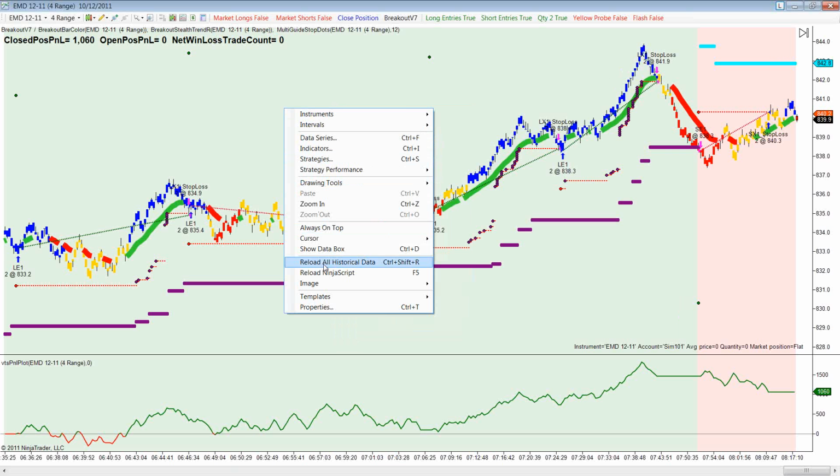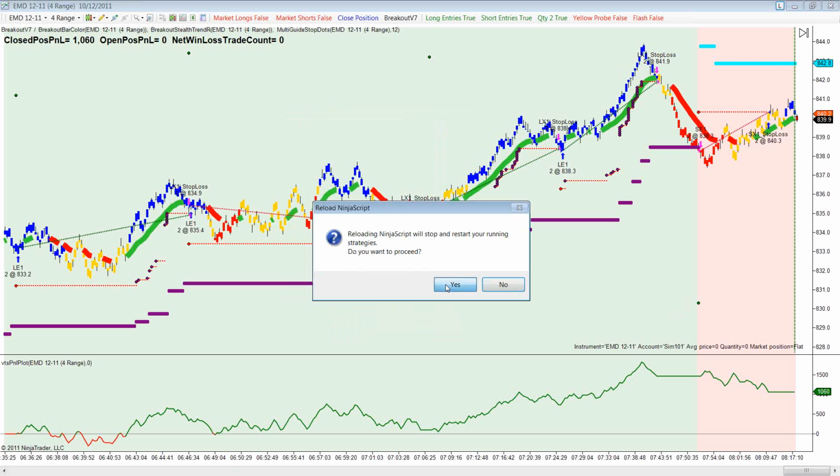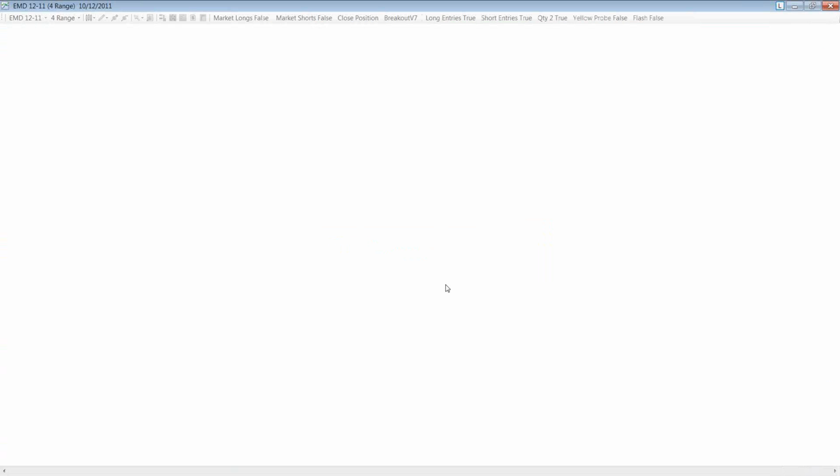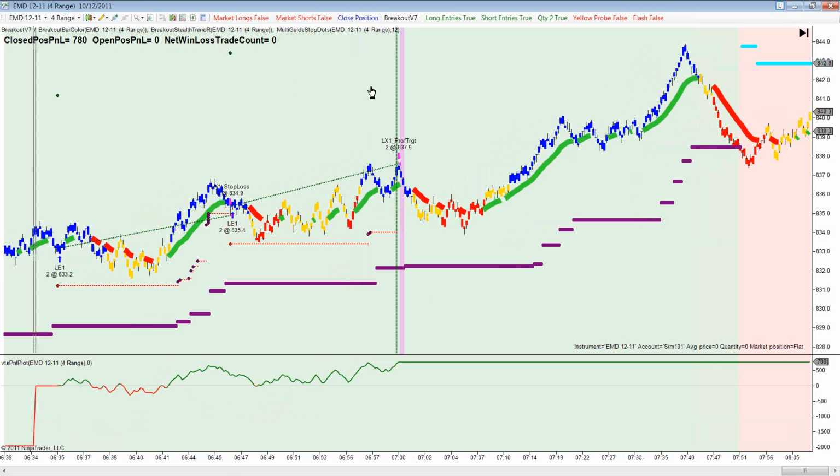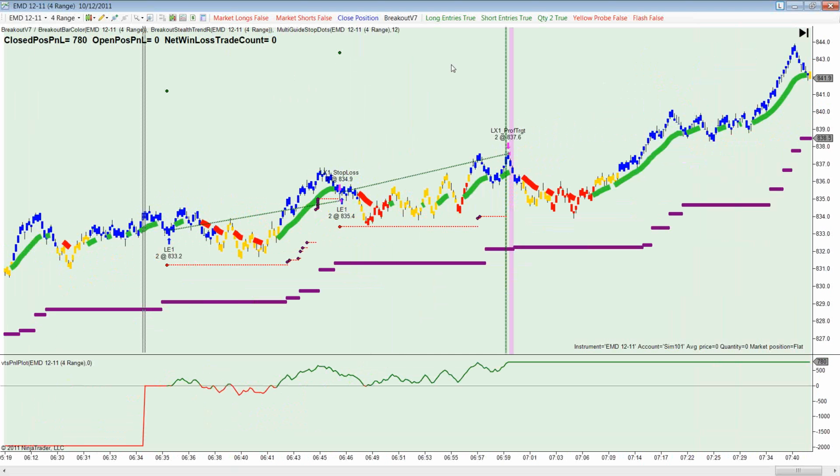Let's see if we can show that example. Well, I need to make one change. I don't have the liberal set in here, so let me do that. It just has something to do with the way Ninja does it in historical, so let me make that setting change and we'll come back. We can see it.